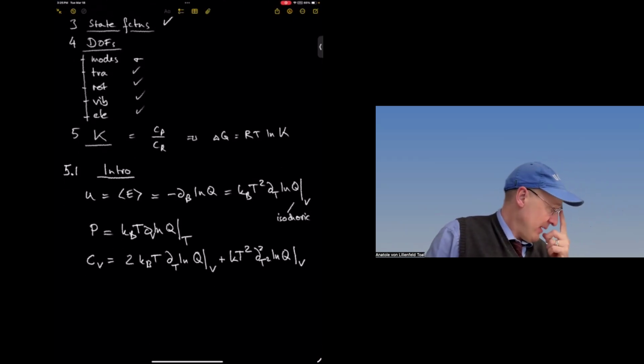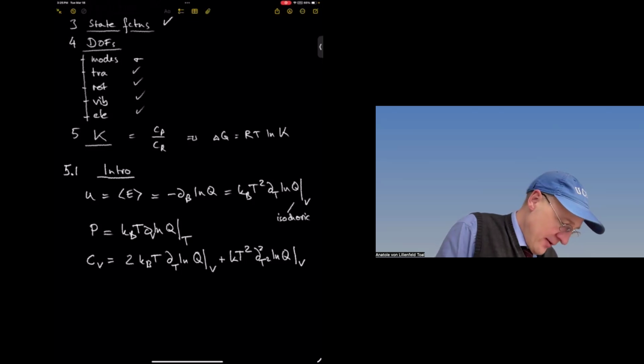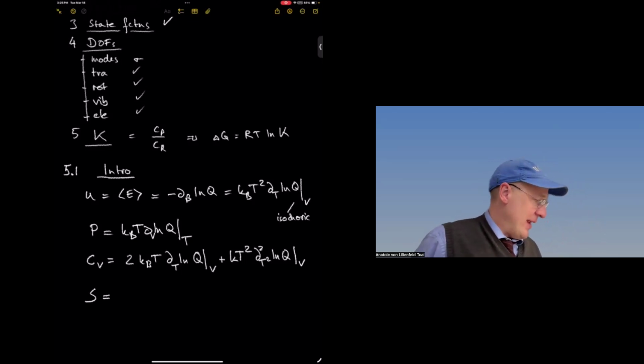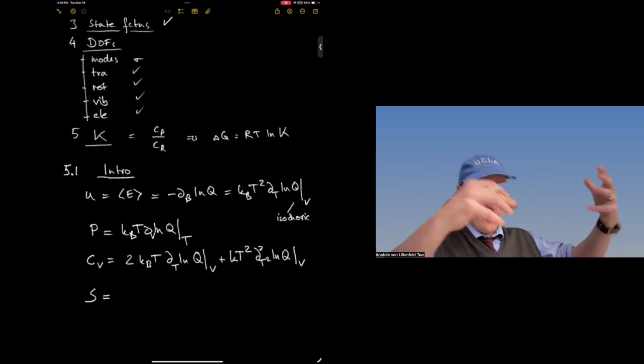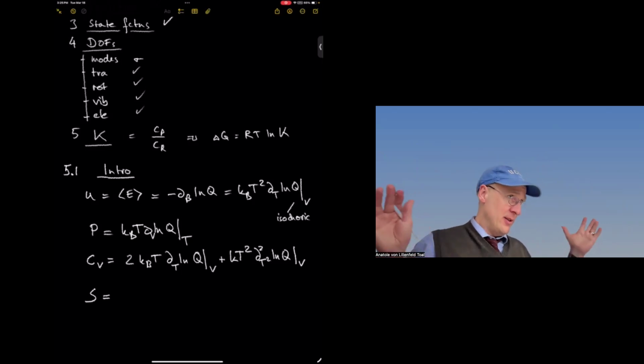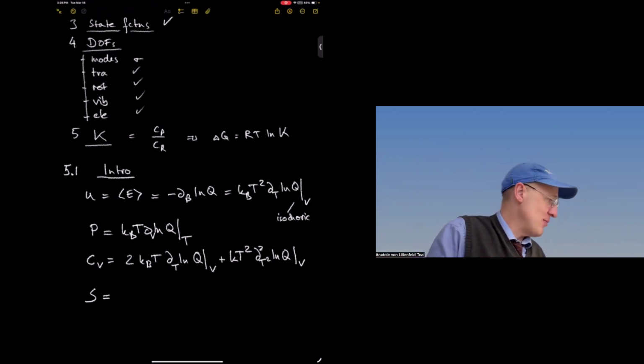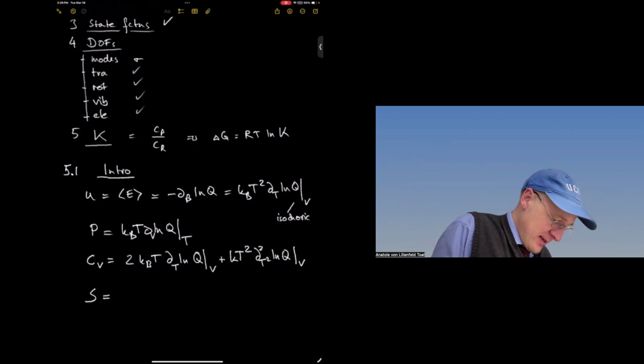And then for the entropy, we had multiple expressions, right? And these expressions can all be converted into each other. They're all true, right? So you get to pick whatever is most convenient for you.